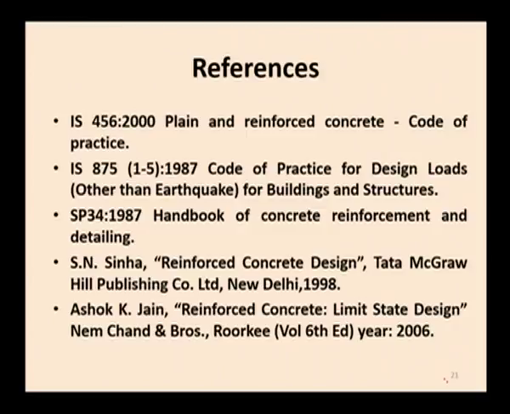Next, IS 875-1987, the code of practice for design loads other than earthquake for buildings and structures. Here, we need to consider only the vertical loads for the design of slabs. We can also consider earthquake forces, but here we are going to consider only the vertical forces, that is dead load and live load. We are not going to consider any snow load or earthquake forces.